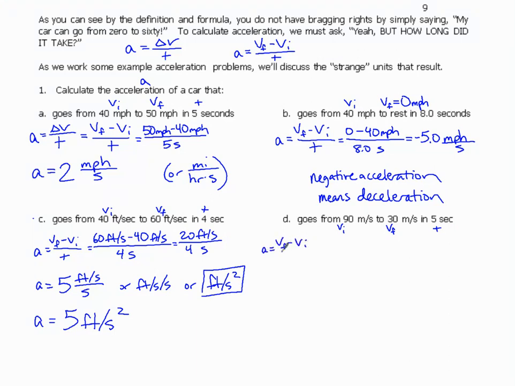Acceleration is the final velocity minus the initial velocity over the time. Final velocity is 30 meters per second minus the initial velocity, 90 meters per second, over a time of 5 seconds.